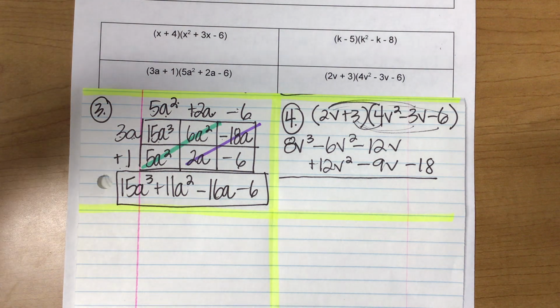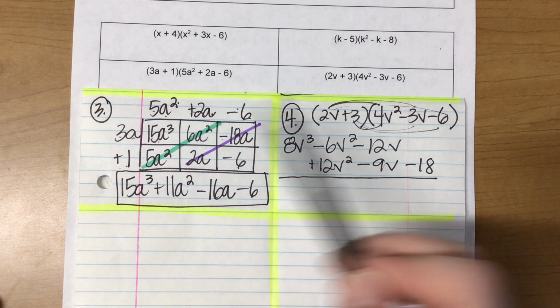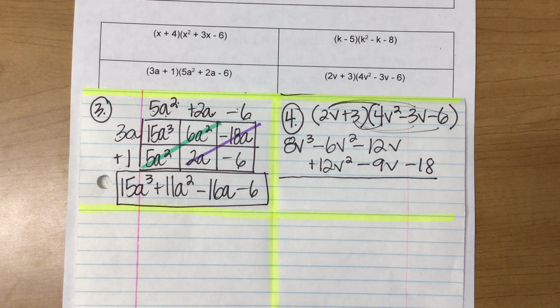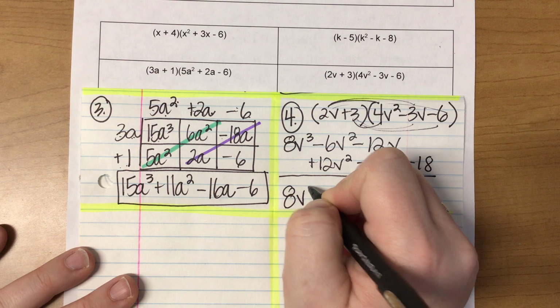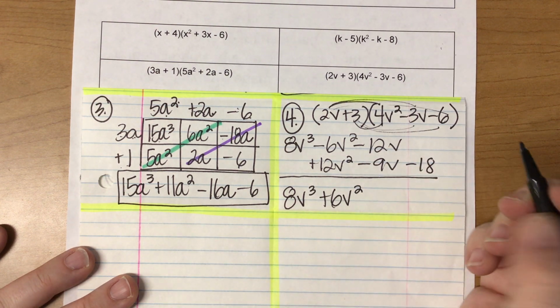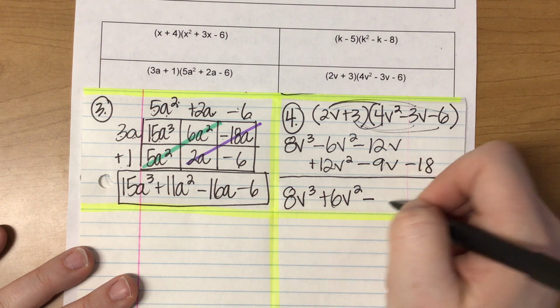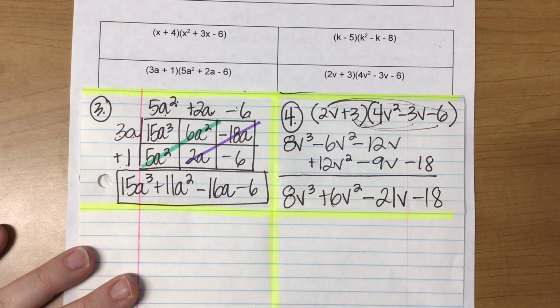Now, your answer is not going to have 6 terms, most likely, because we have like terms. If you did the grid, they should be diagonal to each other. Not always, but should. And you get 8v to the third plus 6v squared minus 21v minus 18. Agree?